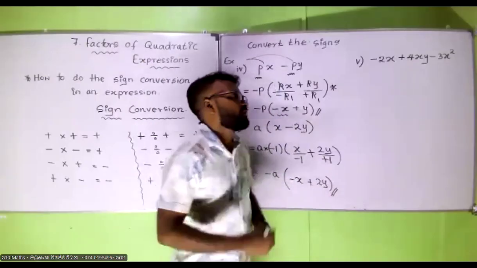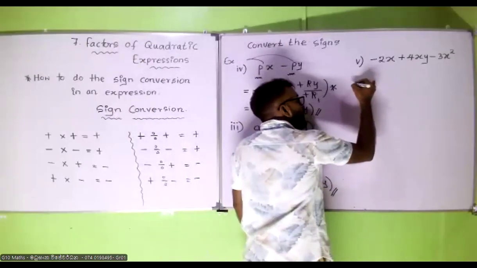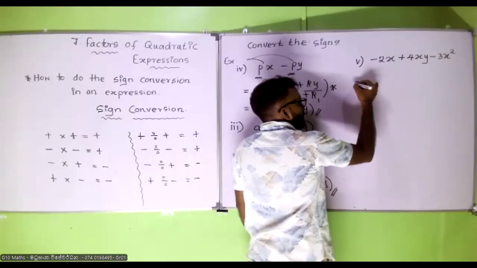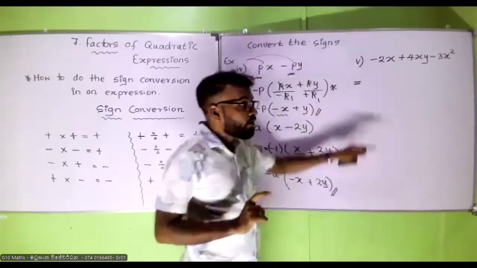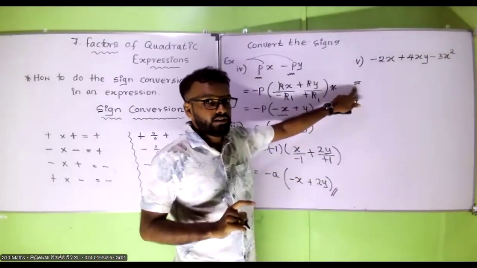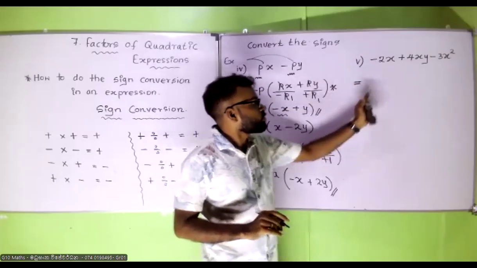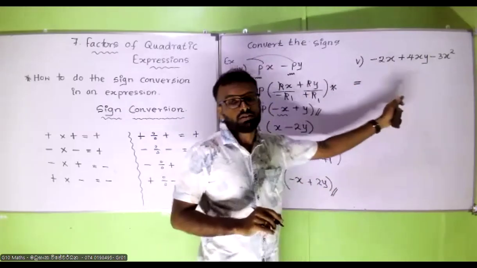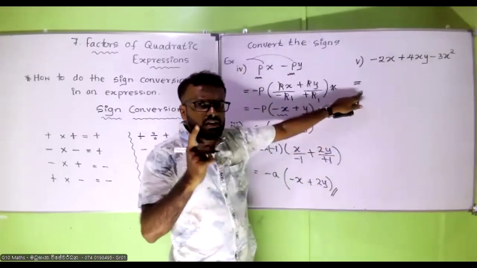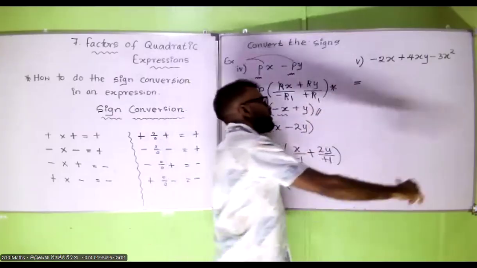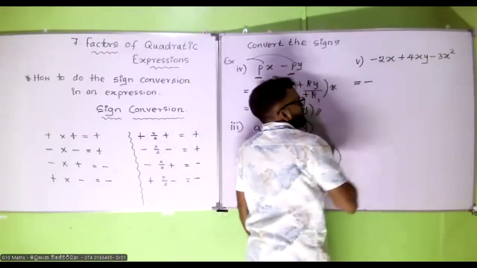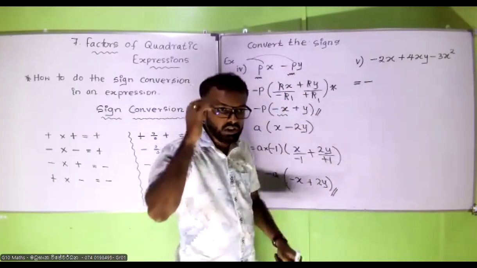First of all, you have to write the equal mark. This equals to this. Then take what? Negative sign now.